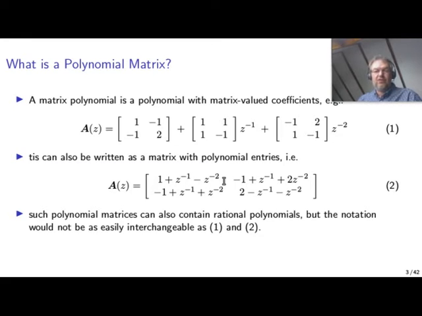So in this case, you have a 2x2 matrix, and each of these entries is a function in Z. The two are equivalent for the simple polynomial case. If you have rational functions, then we usually stick with this equation 2, where you have functions inside a matrix.